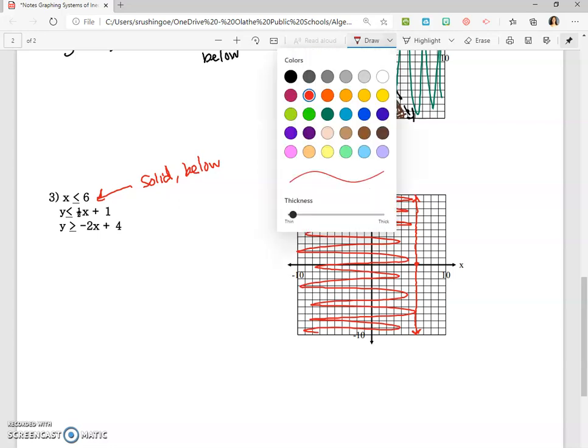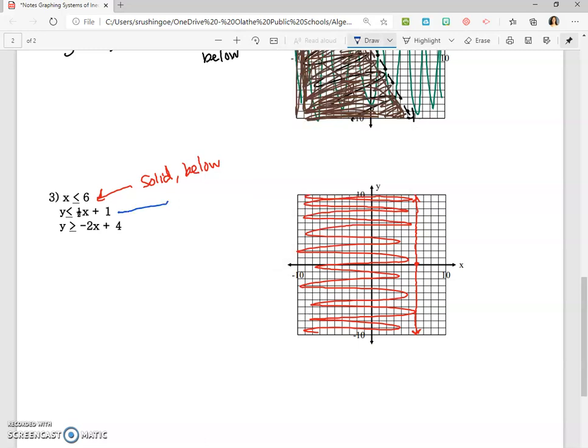All right, this next one, I am solid because my line is under there, and I'm less than, so below. And so I start at 1 and I move up 1 over 2.